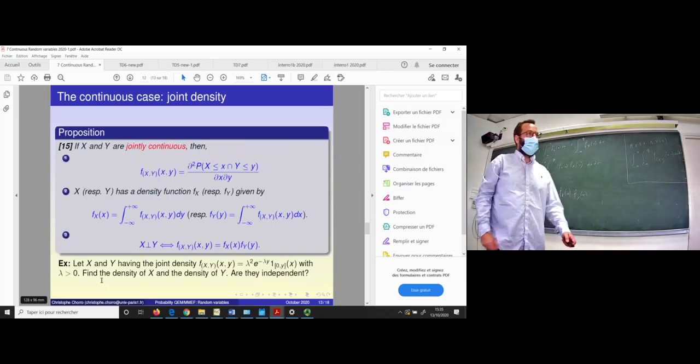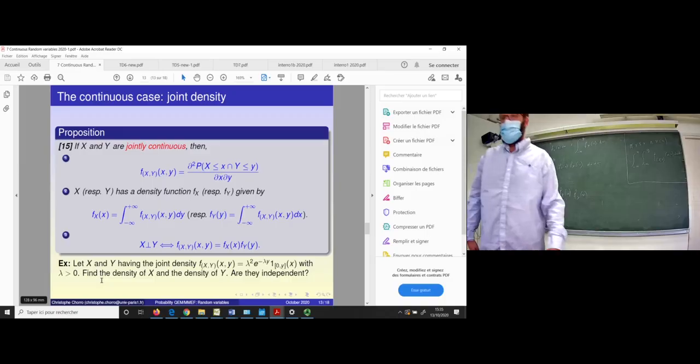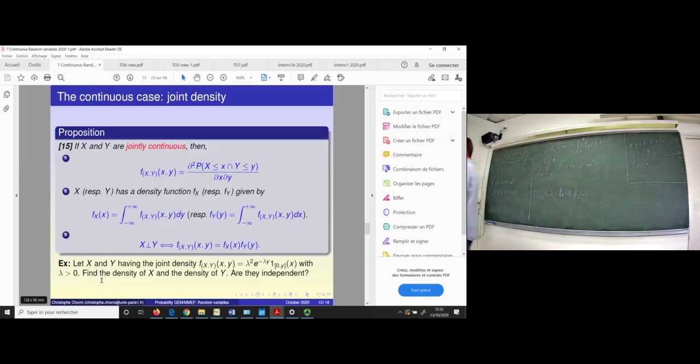Okay, so this proposition will be helpful for what we are going to do. You have several things here. Three statements.